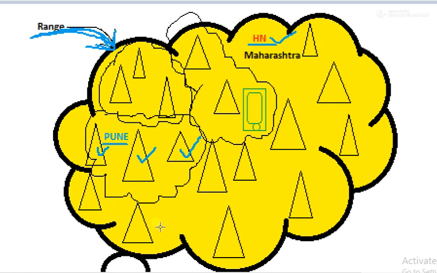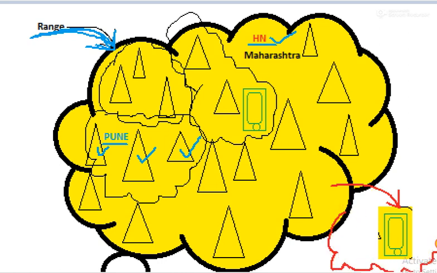Now this is the state form. The state includes multiple districts, suburban areas and so on. And after some time, let's say this user leaves the home network, and the user now suppose enters into the range of another network.